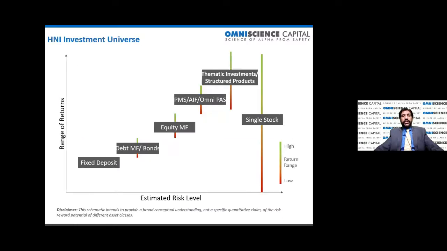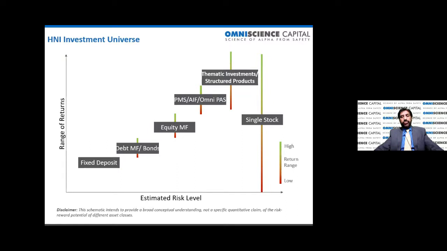So for a typical HNI investment, this is the investment universe. On the x-axis at the bottom, you will see horizontally, the risk is increasing from left to right. And on the y-axis, the range of returns is increasing from the bottom to top. On the leftmost bottom are fixed deposits, government bonds, etc., which are the lowest risk and of course low return. Then there are debt mutual funds and listed corporate bonds with a little bit higher risk and a little bit higher returns.